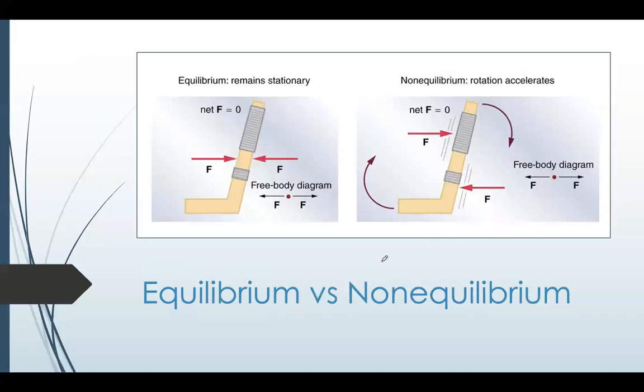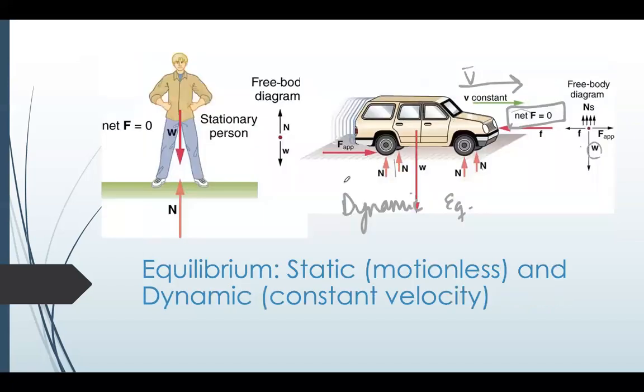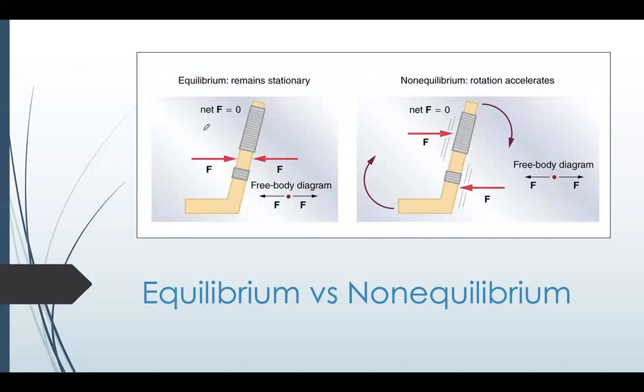Again, we want to look at equilibrium versus non-equilibrium. In equilibrium, we had a moving body and a stationary body. If we have a basic idea of equilibrium, we would think of it as the body remaining stationary.